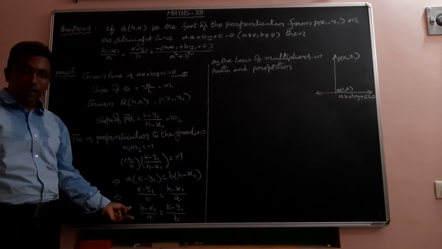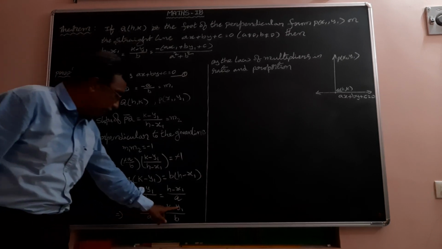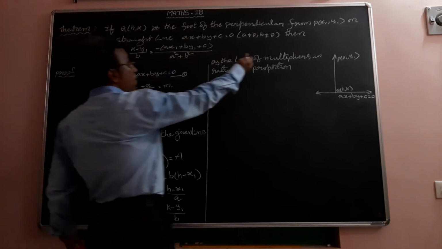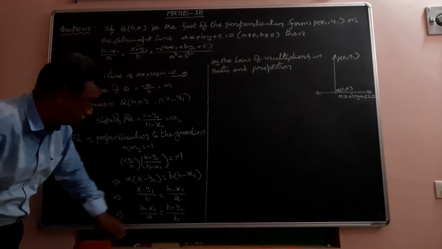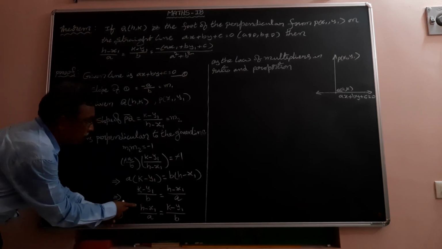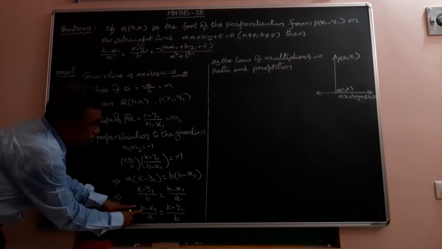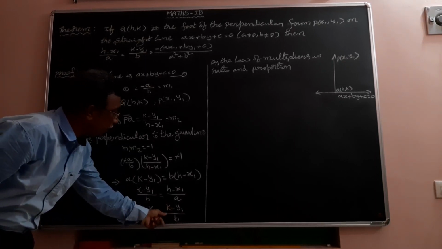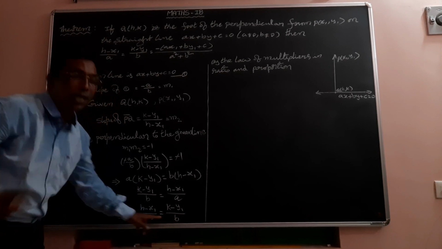Now observe this one, (h minus x1) by a, (k minus y1) by b. How can we write the law of multipliers in ratio and proportion? Now we require a square. A square means we multiply with a in the numerator and denominator. This fraction is multiplied in the numerator and denominator with b.